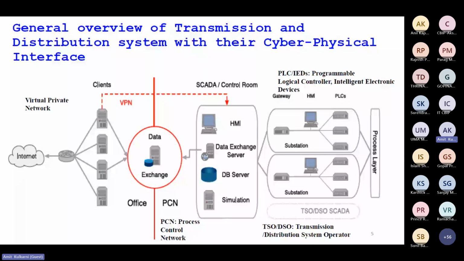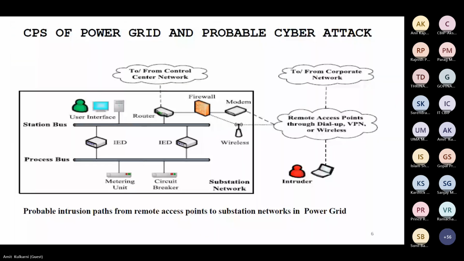So what does an intruder do? You have a system in which an intruder can come in from a local network. It can get access to your modem. It can get access to any communication system. Though it is shown just as wireless, it can be anything. It can be VPN, it can be RF, it can be fiber, anything.